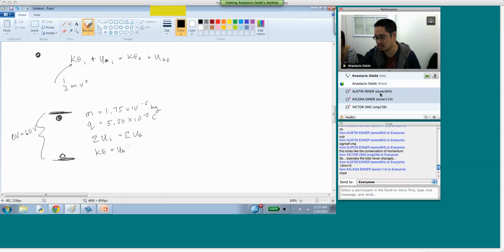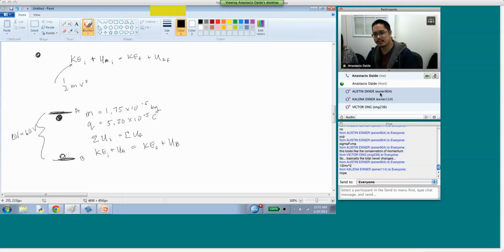We're talking about electricity here. So it's U of A, because this will be point A and this will be point B. At this point, it has kinetic energy and whatever potential energy at point A. You agree? And I'm going to make that equal to the kinetic energy it has in the end plus the potential energy it has at point B. We cool? All right, awesome.